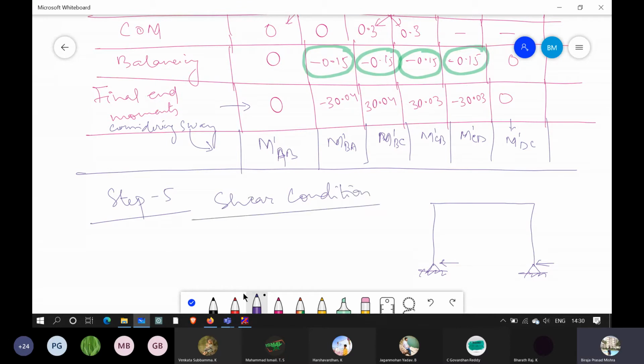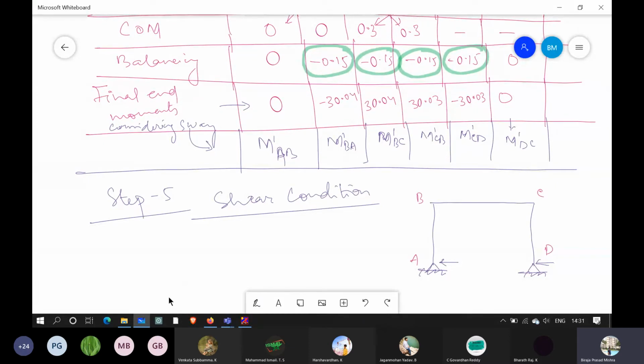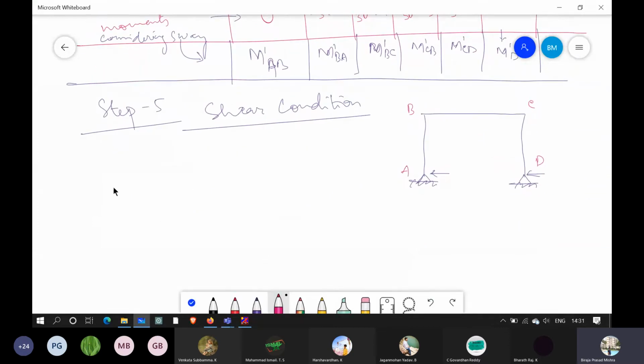Now this is A, this is B, this is C, and this is D. We will make two conditions.